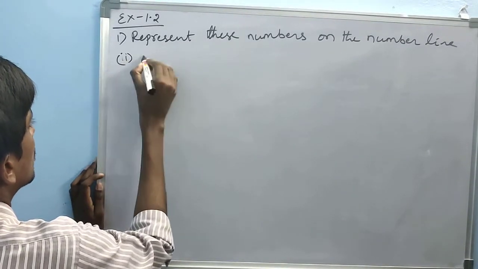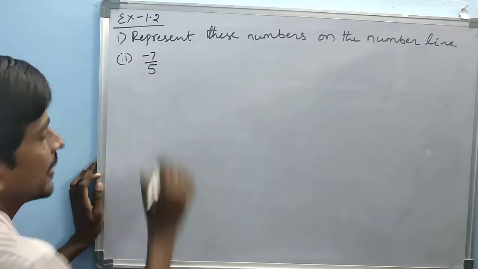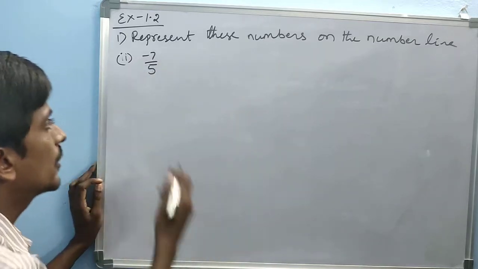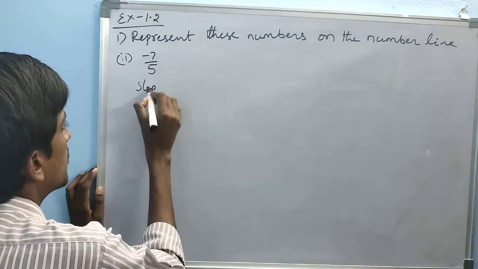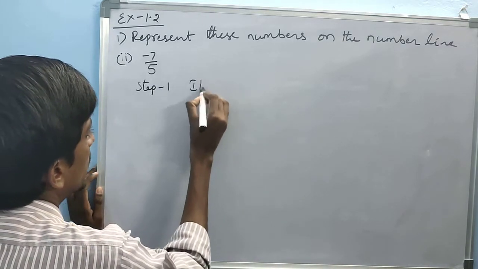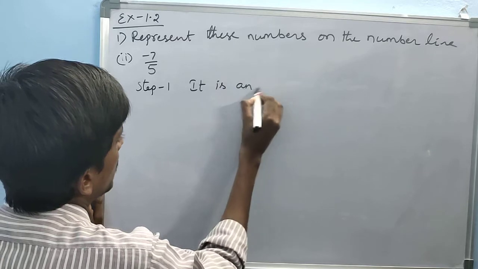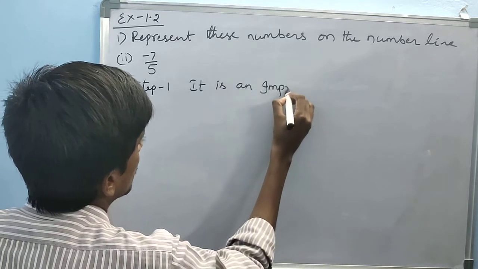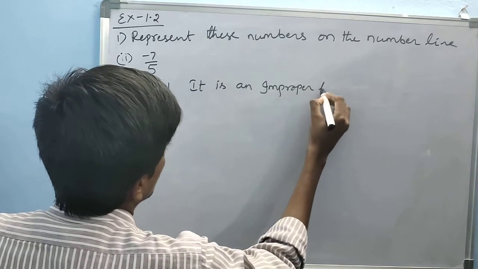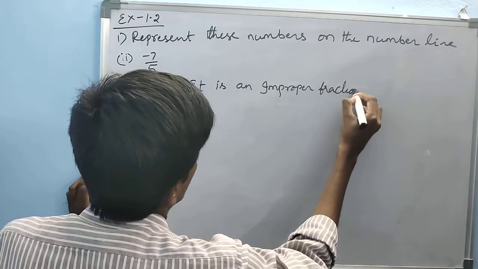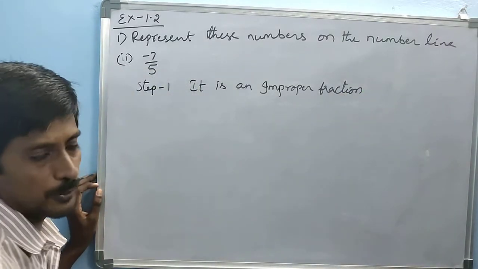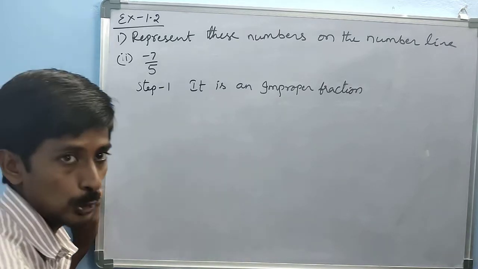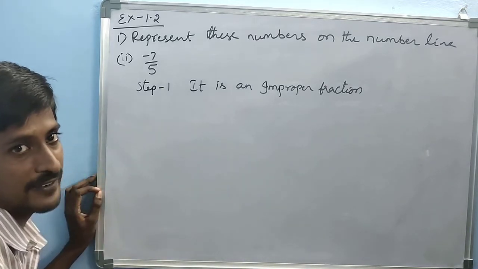Second one, minus 7 by 5. Step 1, it is an improper fraction. So already you know every improper fraction can be converted into a mixed fraction.